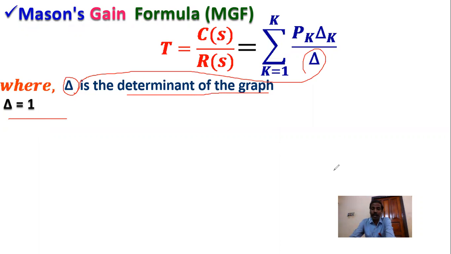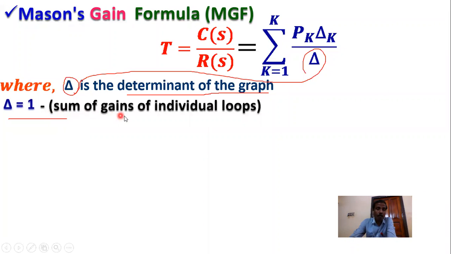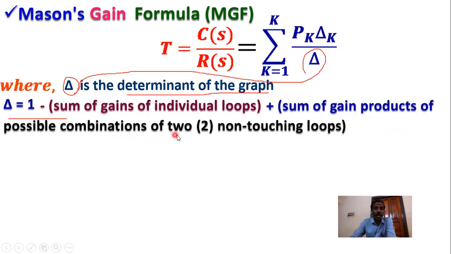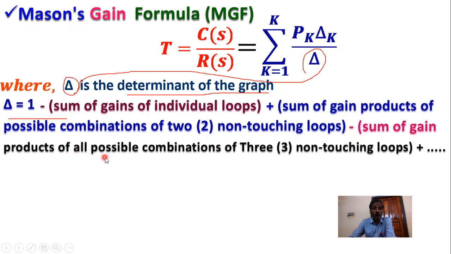Delta equals 1 minus the sum of gains of individual loops, plus the sum of gain products of all possible combinations of two non-touching loops, minus the sum of gain products of all possible combinations of three non-touching loops. Similarly, the next terms are for four, five, and so on, up to n products of non-touching loops.